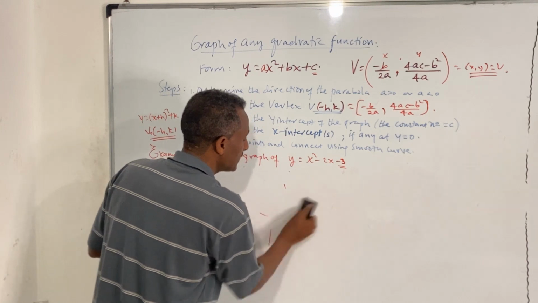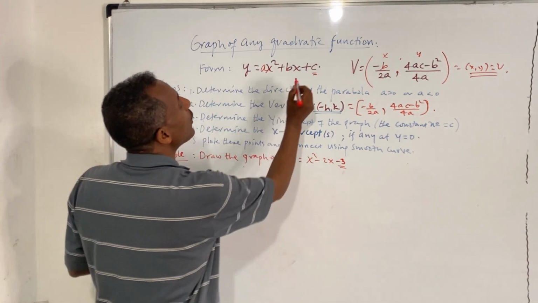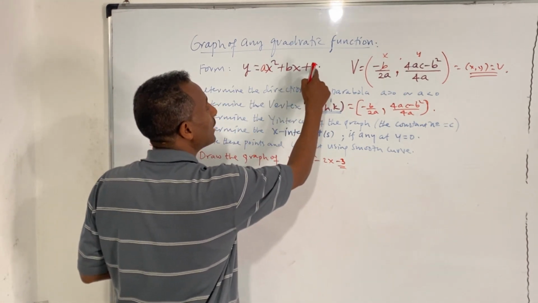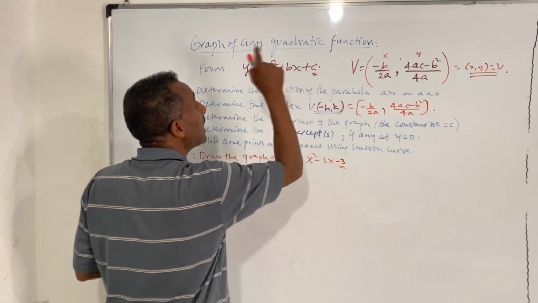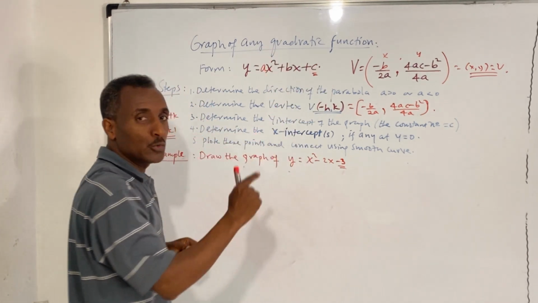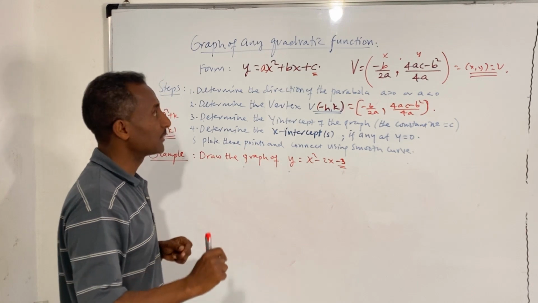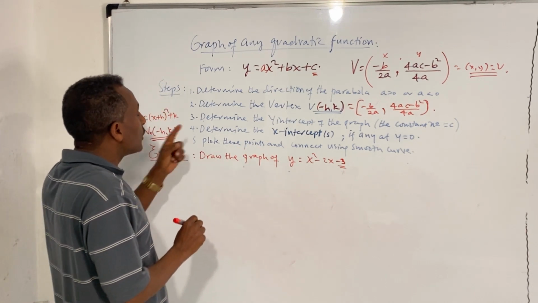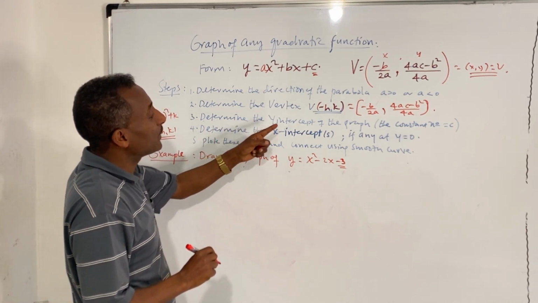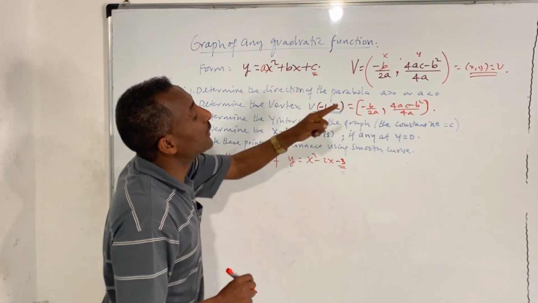So where is that? Our last constant number c tells us the point at which our graph crosses the y-axis. Why? We determine the y-intercept at x = 0.